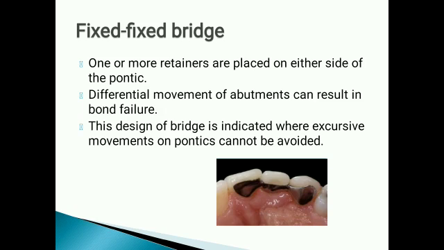In the fixed bridge, one or more retainers are placed on either side of the pontics. Differential movements of the abutments can result in bond failure. This design of bridge is indicated where excessive movements of the pontics cannot be avoided.